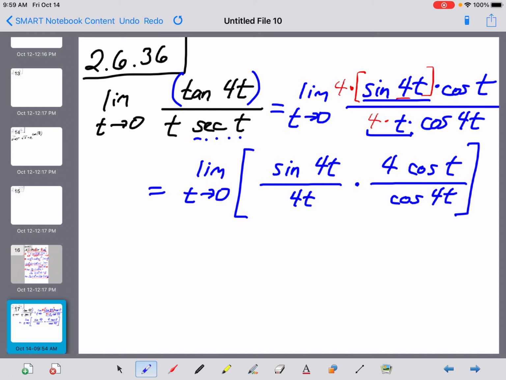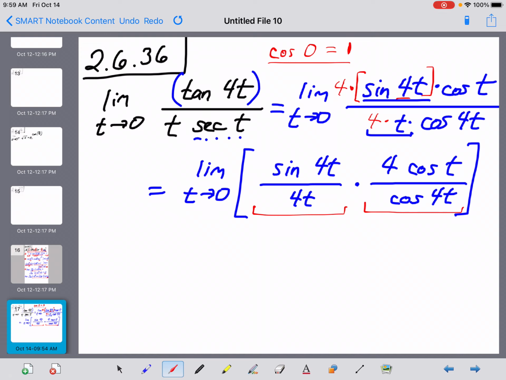Now what we've accomplished, guys, is we've made this the limit of a product, and this first limit as t approaches 0 is one we know. If the other one worries you a little bit, I just have to remind everybody of a pretty basic fact: the cosine of 0, whether we're talking about degrees or radians, is equal to 1, not 0.